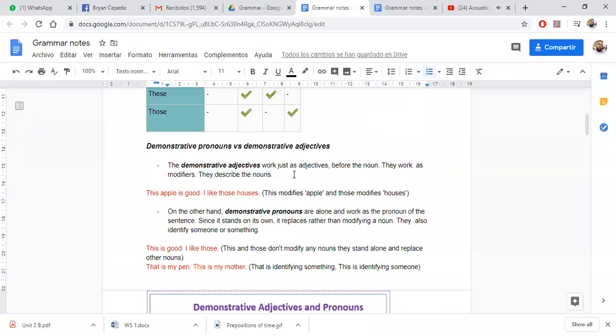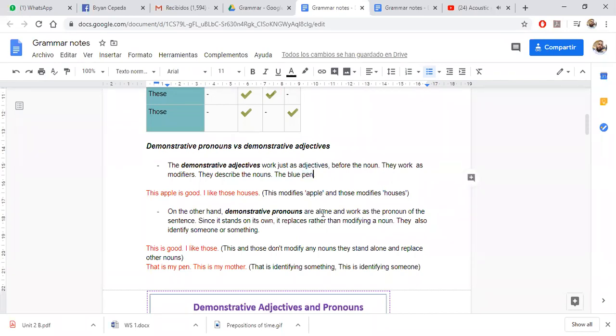For example, you can have the blue pen. In this phrase, what is the adjective? Write in the chat. What is the adjective? Exactly. Blue is the adjective, okay? It describes the pen.